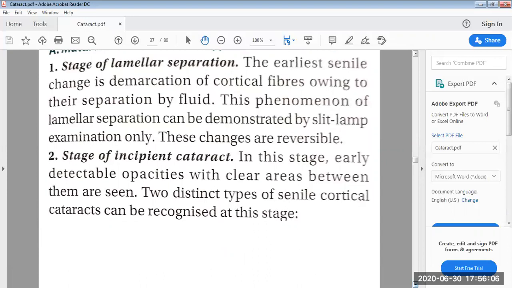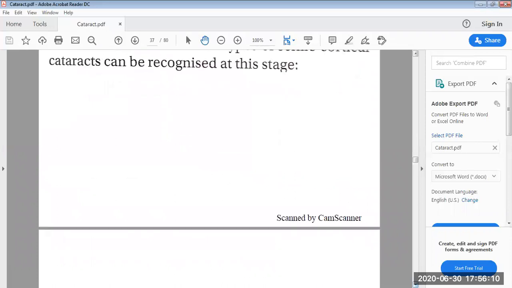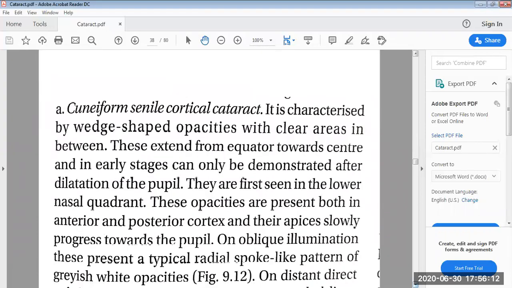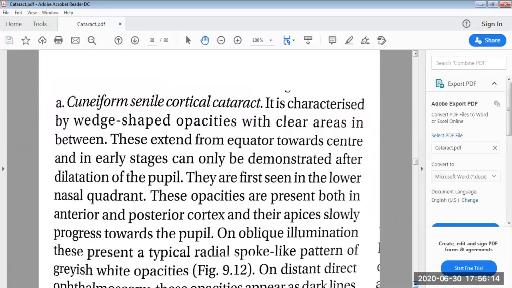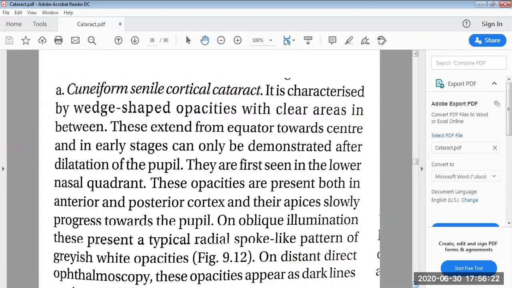Two distinct types of senile cortical cataracts can be recognized at this stage. The first type of senile cortical cataract is cuneiform senile cortical cataract. It is characterized by wedge-shaped opacities with clear areas in between.